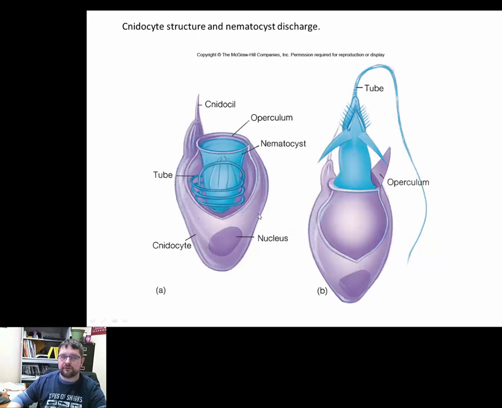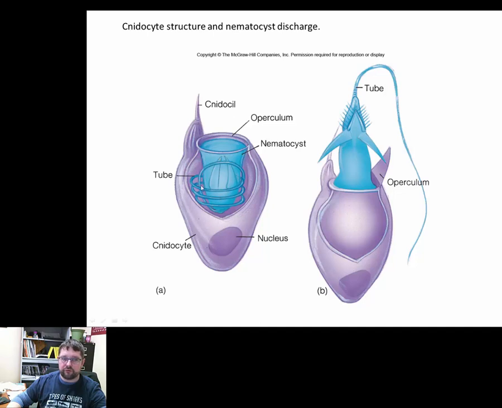So this is kind of what those cnidocytes or nematocytes look like. Again, there are lots of different types, but this is the general form. It's a true cell, so it's going to have a nucleus and everything like that. And then they're going to have this kind of tube or opening in which the nematocyst sits.